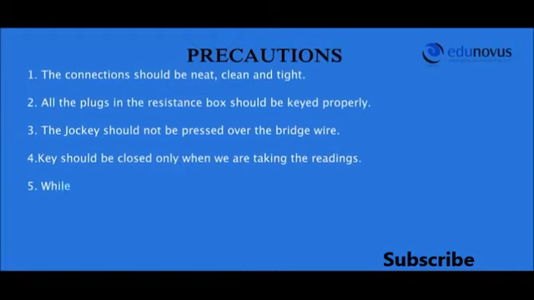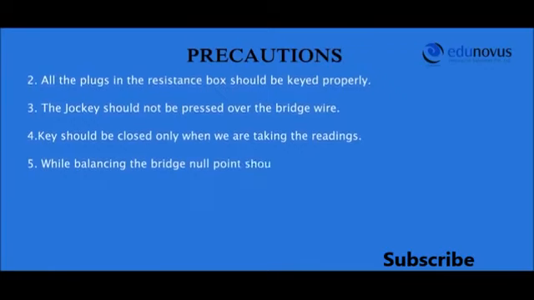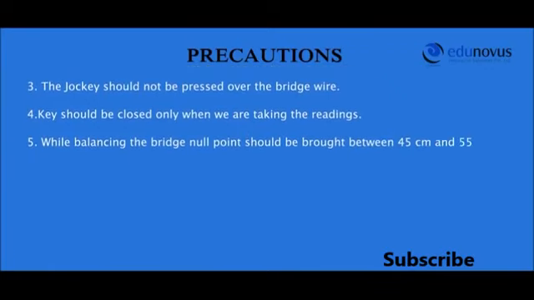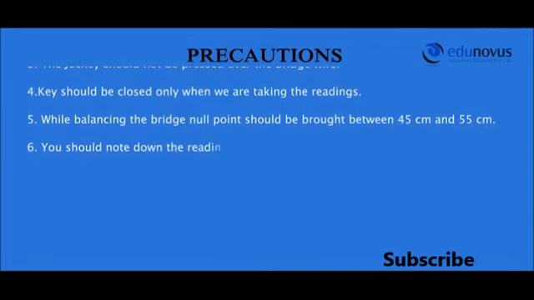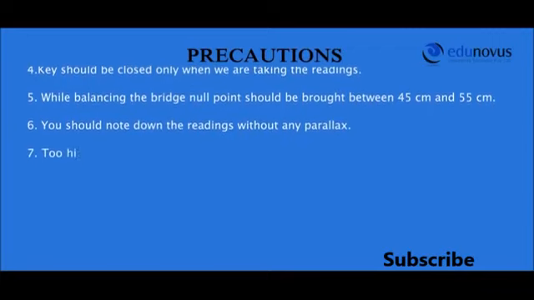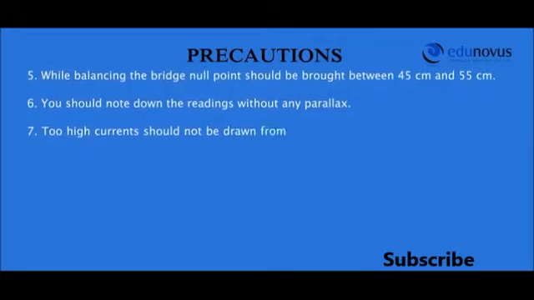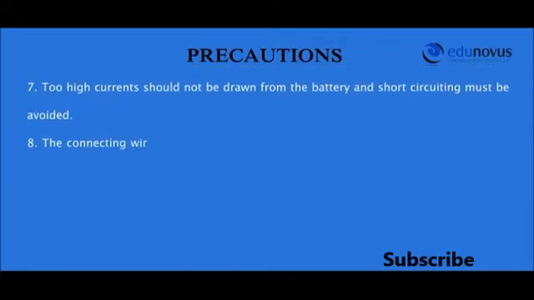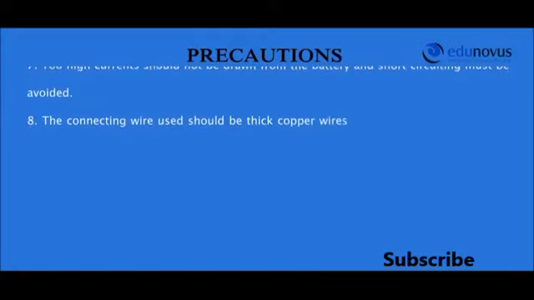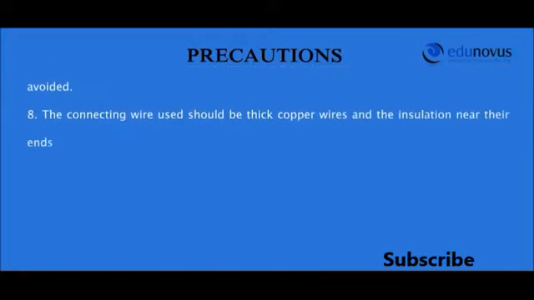While balancing the bridge, the null point should be brought between 45 cm and 55 cm. We should note down the readings without any parallax. Too high currents should not be drawn from the battery and short circuiting must be avoided. The connecting wire used should be thick copper wires and the insulation near their ends should be removed and rubbed with sandpaper.